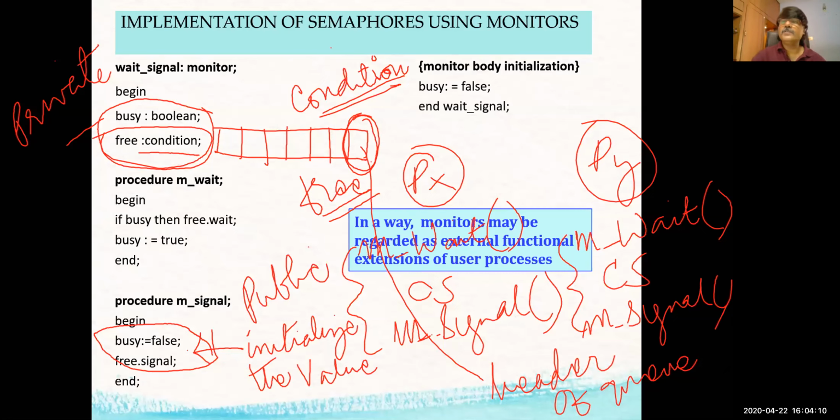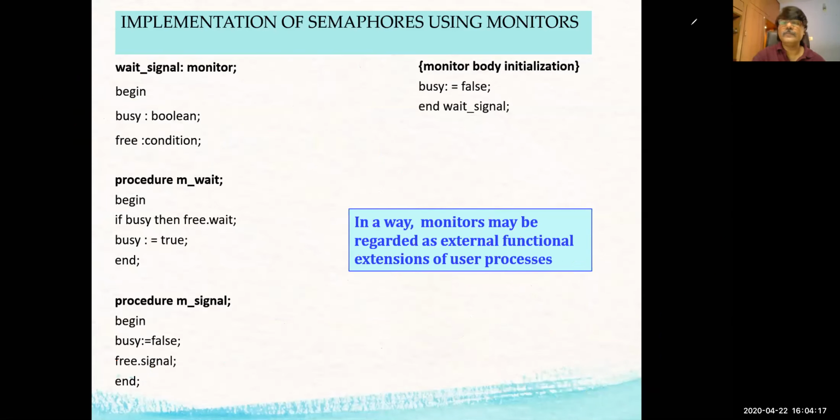Now let us see how this works. I want to prove that this particular monitor program will behave like a semaphore. So let us take an example. There is a process X, there is a process Y. Both processes have critical sections.